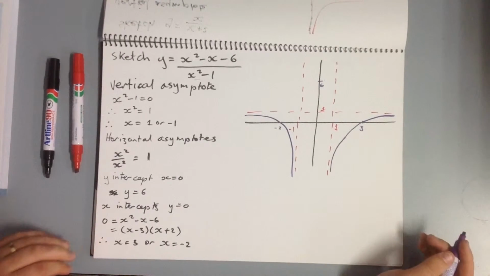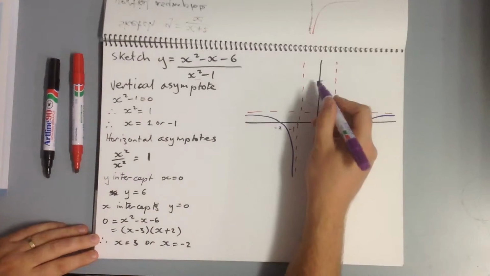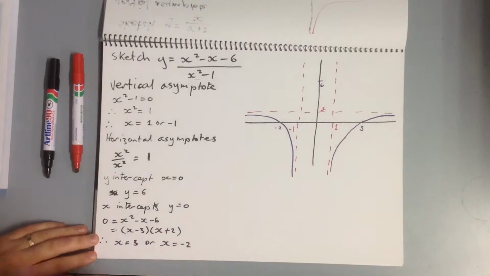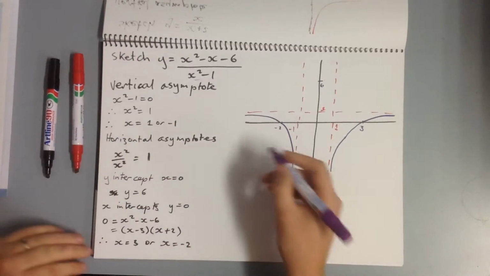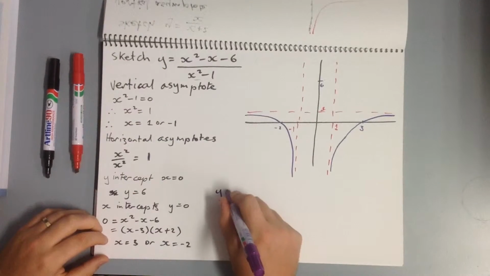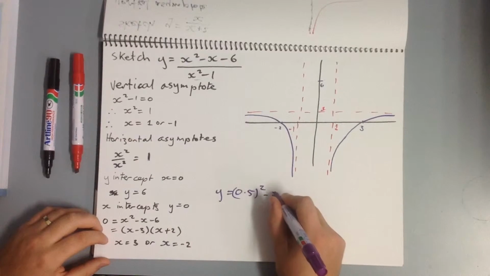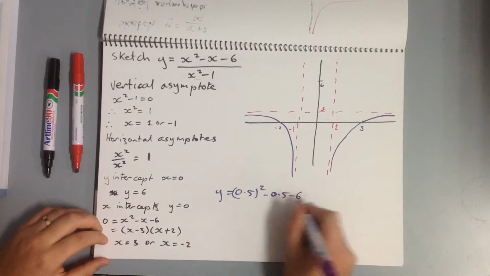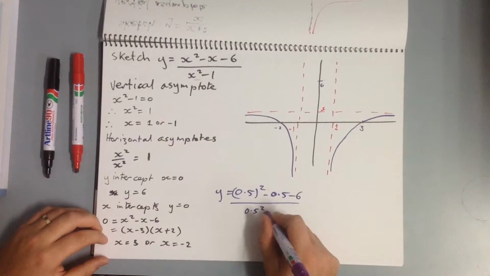So draw those in. And now we just need to look at what's happening in between. We know at 0 we're at 6, but we just want to pick one other point beside it. So if we pick, I don't know, 0.5, we put 0.5 into here. y equals 0.5 squared, take 0.5, take 6, over 0.5 squared, take 1.